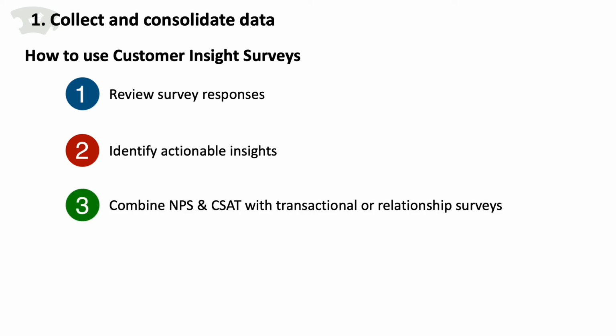Incorporate the NPS and CSAT into transactional and relationship surveys to capture additional information and make the exercise more comprehensive. This would also keep the number of survey requests low and improve the customer's cooperation and response rates.